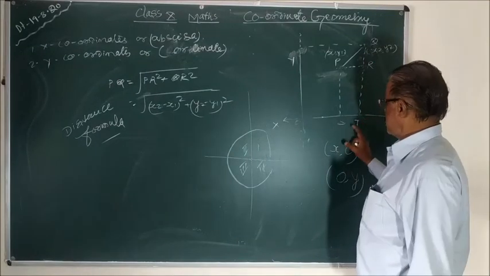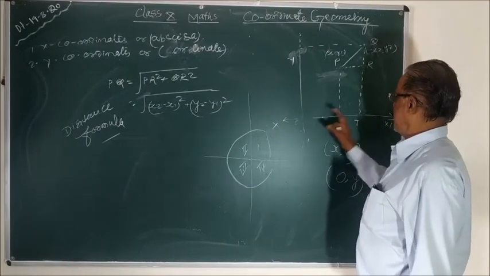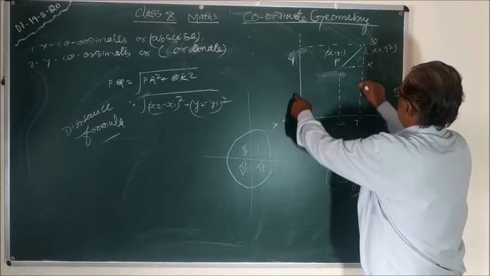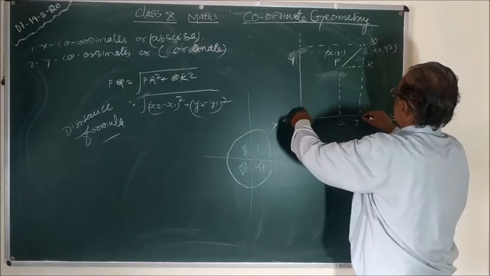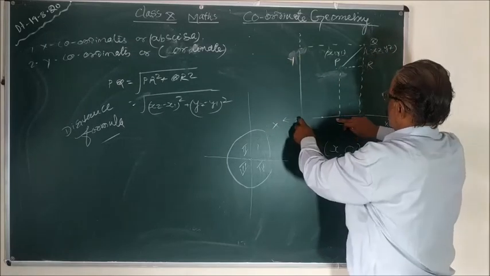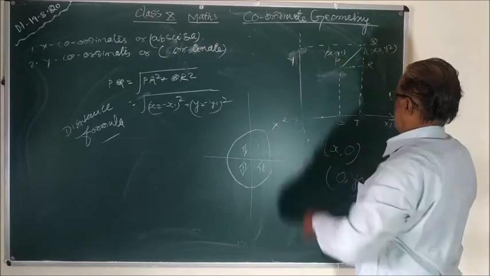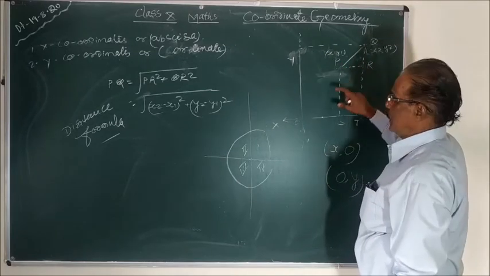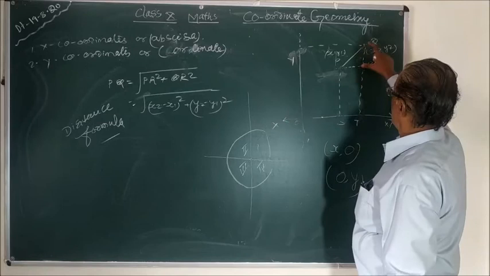PR means ST, and ST means OT minus OS. OT is the distance x2 and OS is x1, so this is x2 minus x1.